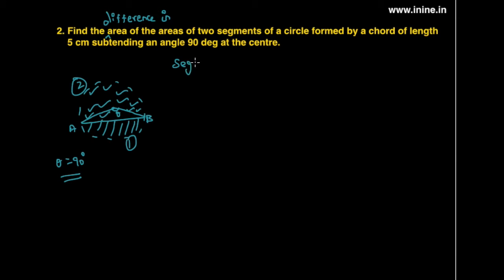This segment 2 minus segment 1. So this is the generalization we can do first, and now we will proceed further to find the segments. Let us first find segment 1.